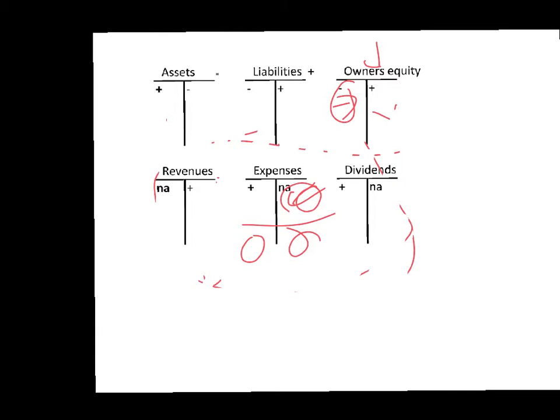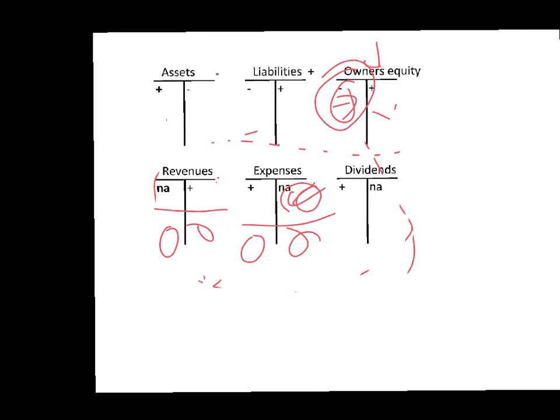I'm going to debit income summary, which is a temporary owner's equity account, and credit expenses. My expenses are now 0. My revenues are now 0. And notice what income summary has in it, because I've put my revenues into it and my expenses into it. Income summary has now net income in it.